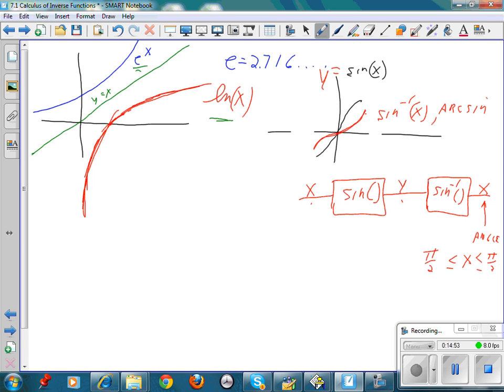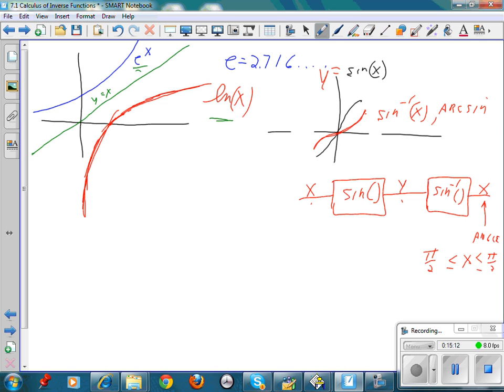You could do the same thing with the inverse cosine and the inverse tangent. You take the trig function, you have to restrict its domain, the forward trig function, because in general it's not one-to-one since they're periodic functions. You restrict the domain and then create an inverse sine.